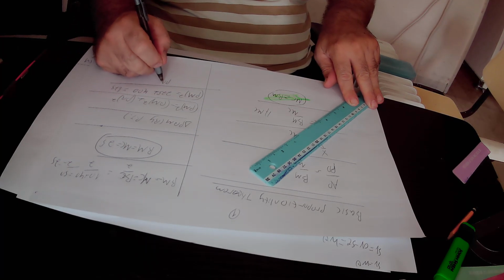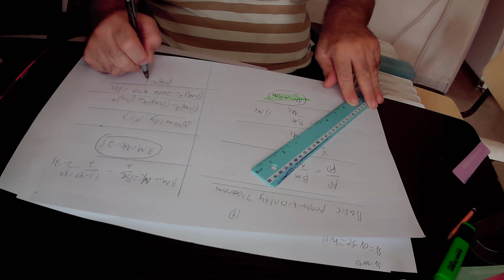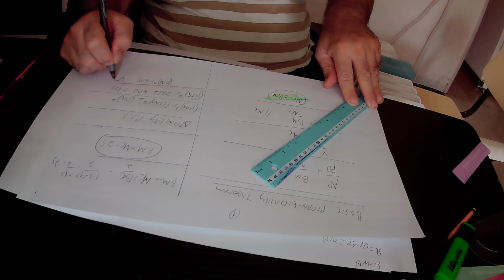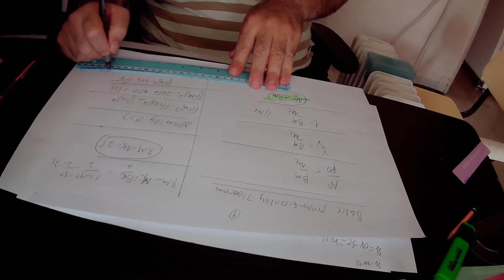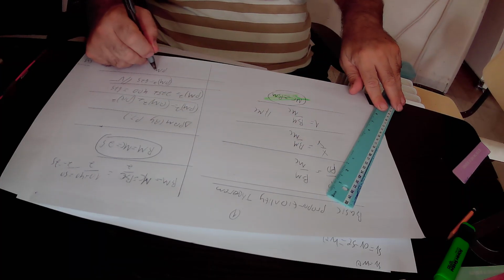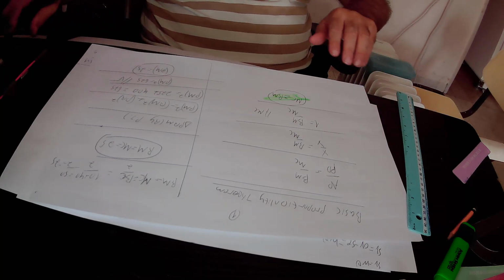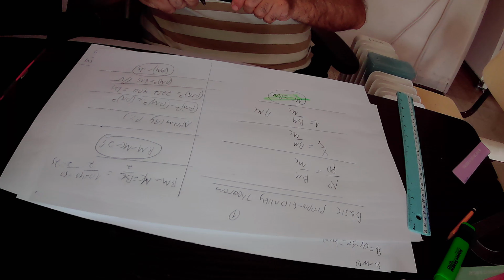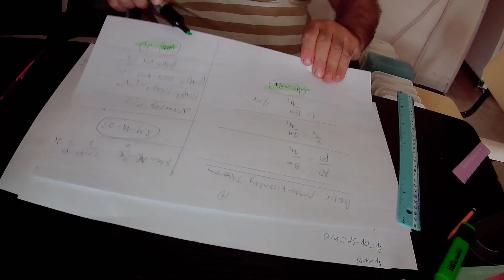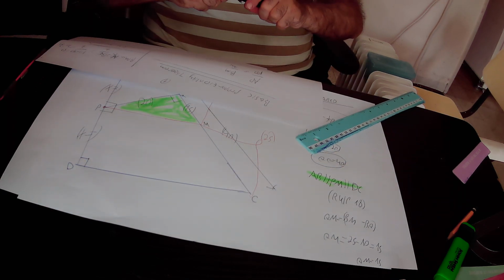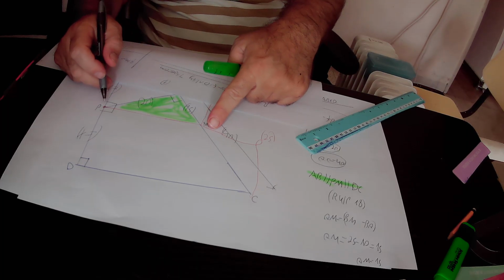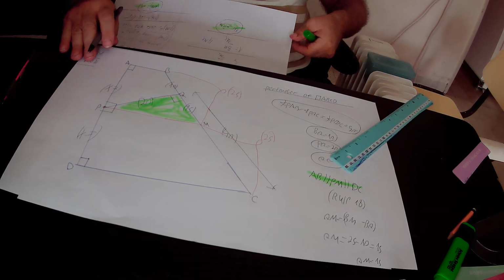Here we take a root and finally get that the missing hypotenuse PM is equal to the square root of 625, that is 25. So the length of the hypotenuse PM is equal to 25 units.